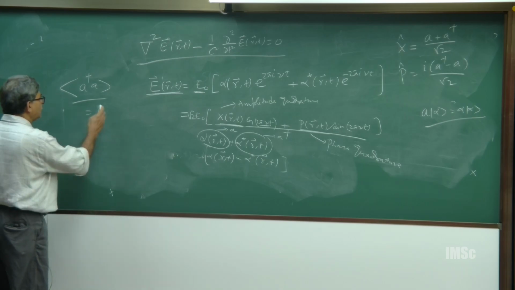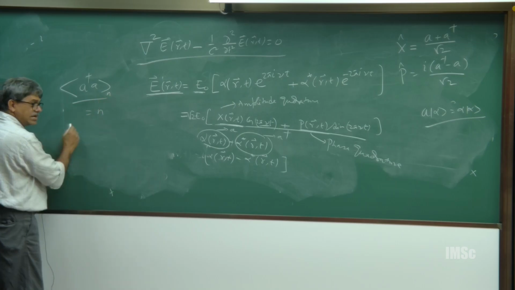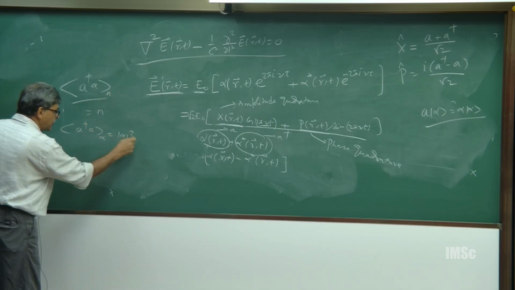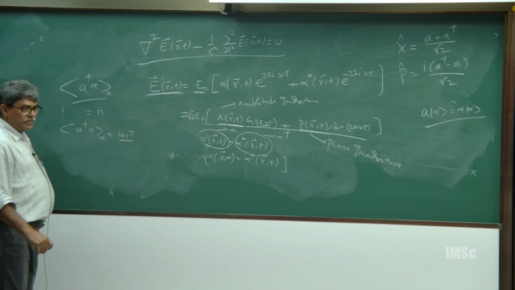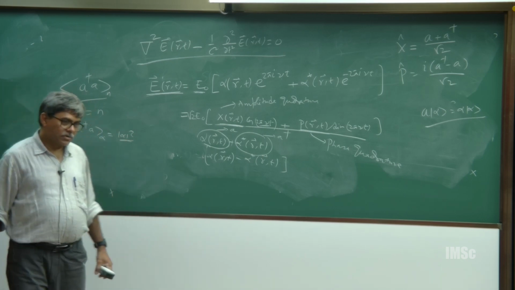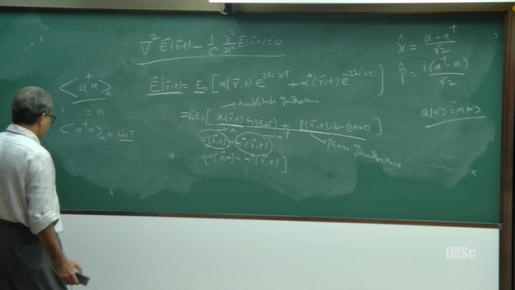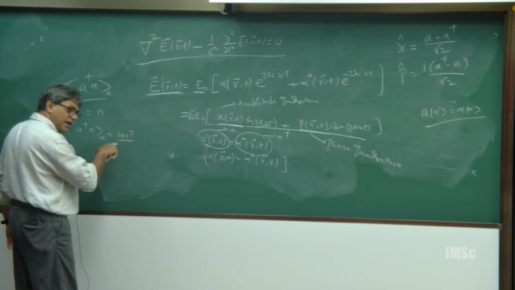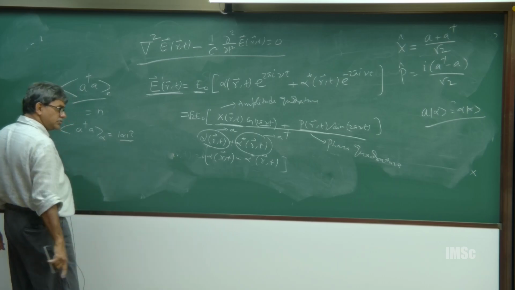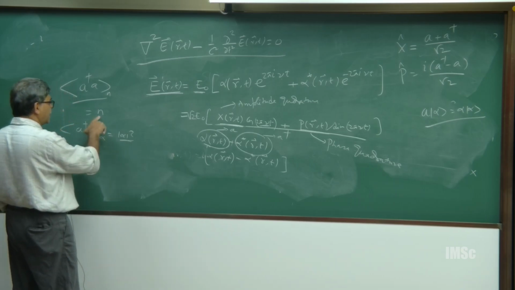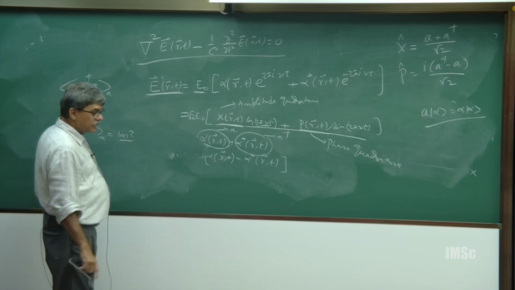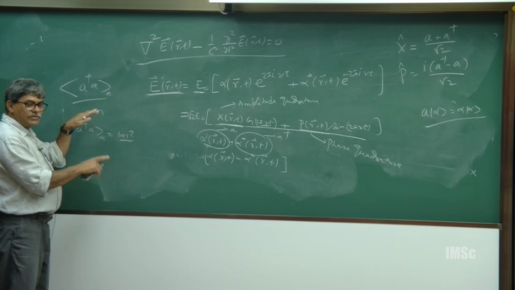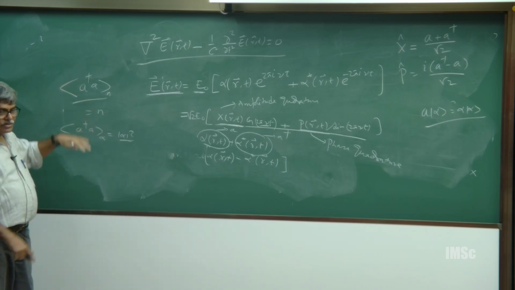So this is n for a number state, whereas for a coherent state this is mod alpha square. So, this is your intensity. It actually captures the classical nature of light, whereas the number state does not. So, these are two extreme cases. You will have plenty of states in between these.